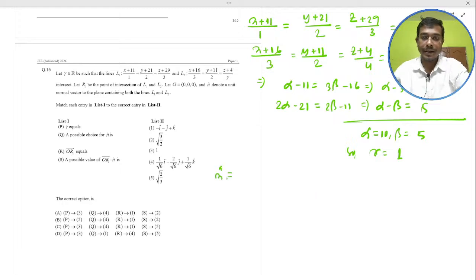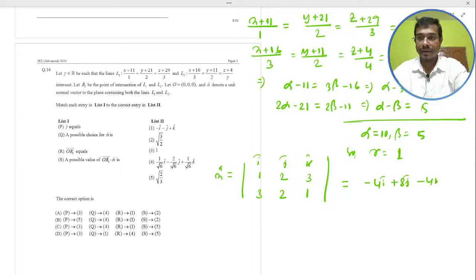Let the unit vector n cap, this is nothing but in the direction of i, j, k with components 1, 2, 3, 3, 2, 1. This is equal to minus 4i plus 8j minus 4k. That means the n cap would become minus 1 by root 6 i plus 2 by root 6 j minus 1 by root 6 k.